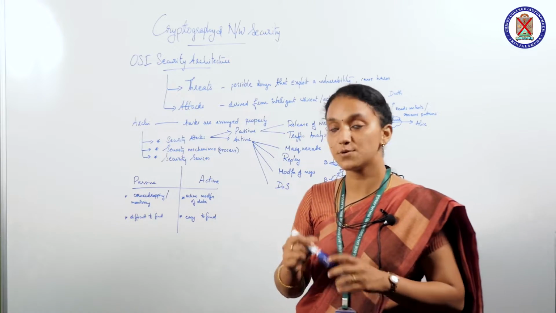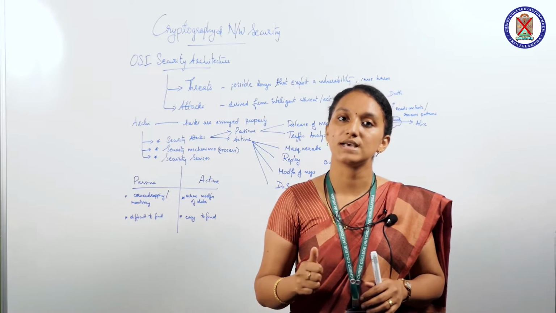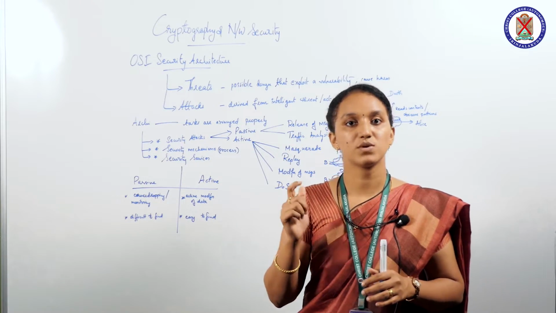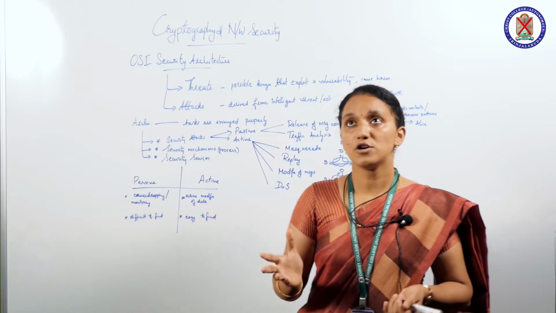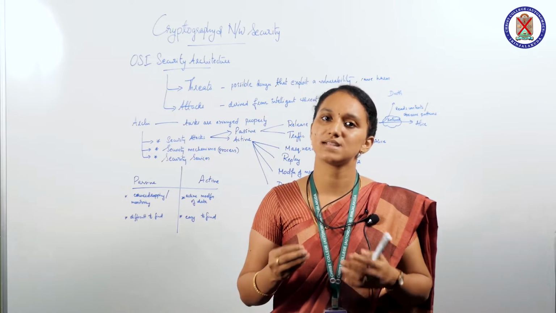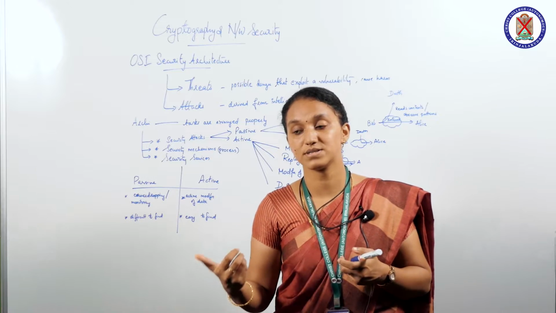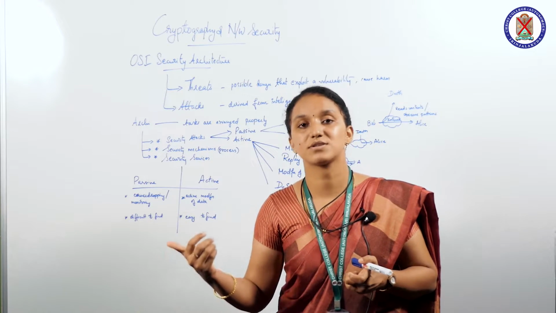Okay, now let's go in detail about the 2 types of security attacks. The first one is the passive attack. The second one is the active attack. We have already learned about passive and active attacks. A passive attack is nothing but it's in the nature of eavesdropping. I try to hear what the person sitting near me is talking to someone else.